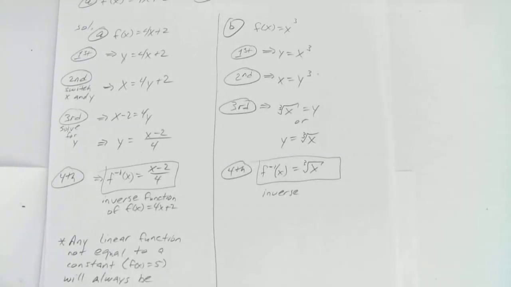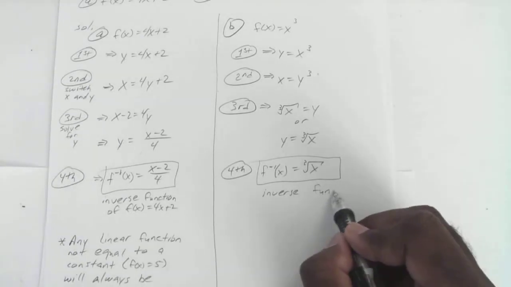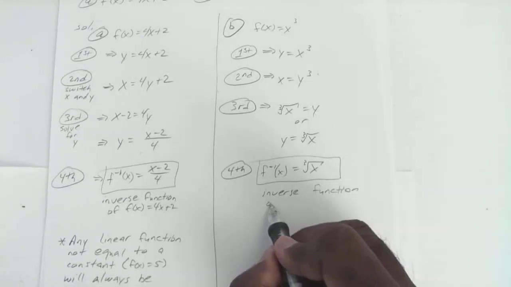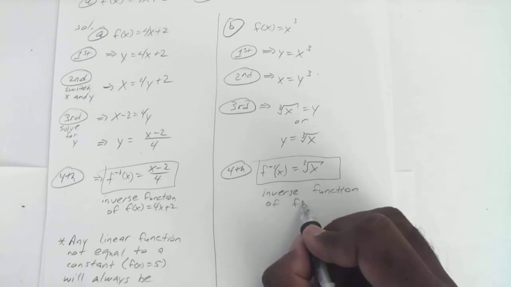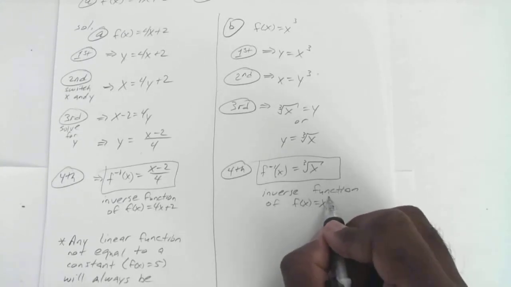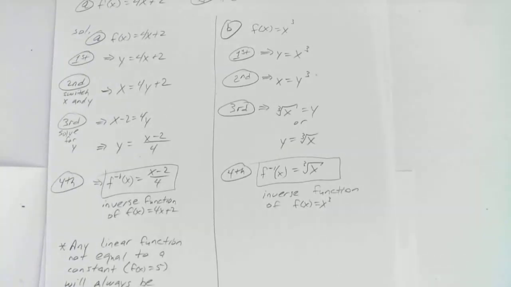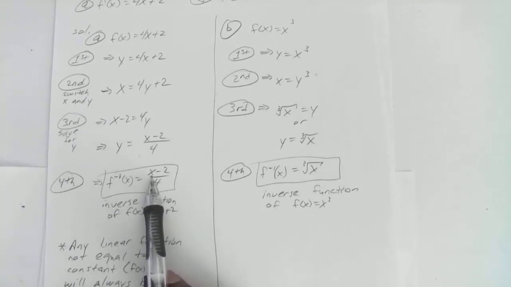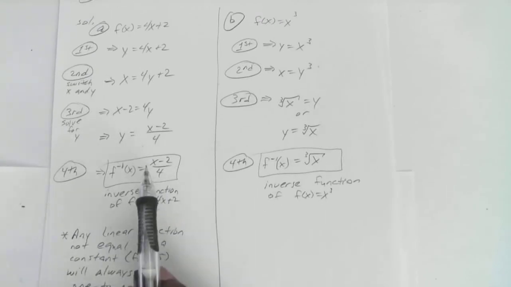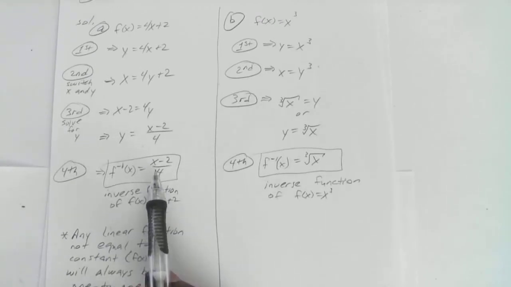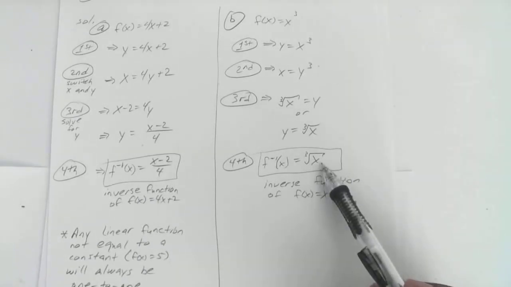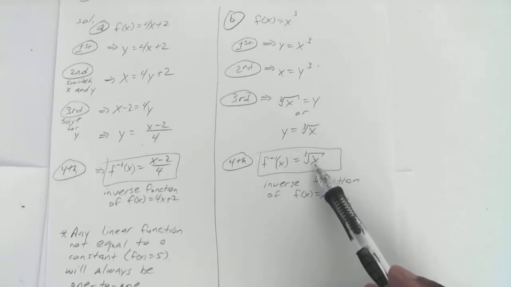So that's the inverse function of f of x equals x to the third. We know the function exists, but if you plug in any x value, you'll always get a different answer, so you know that this one is one-to-one. Here, if you plug in any x value, you'll get one answer.